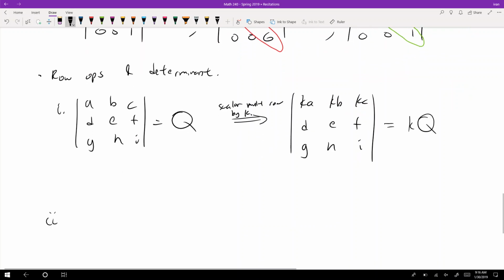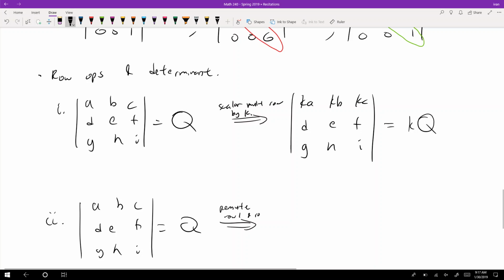All right. The second row operation we can do is the following. You can take A, B, C, D, E, F, G, H, I, which is equal to some determinant Q, and I'm going to permute, let's say, row 1 and row 3.